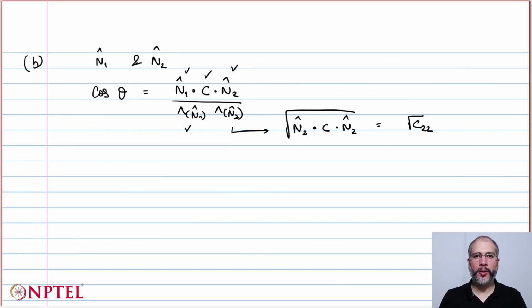So if we substitute all these, we will get the cosine of theta as 1 upon root 3. And then we can find theta as the cosine inverse of 1 upon root 3, which in degrees is 54.7 degrees. So this is the angle between n1 and n2 in the deformed configuration.